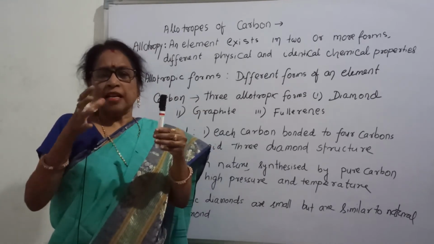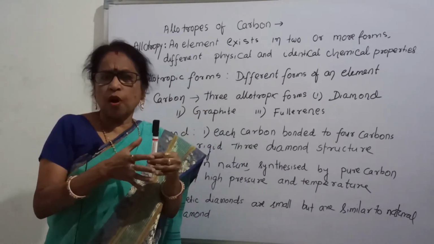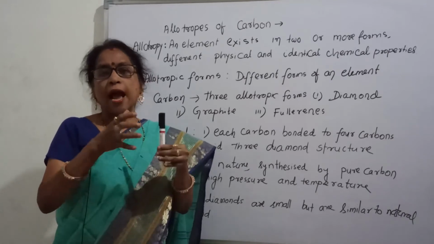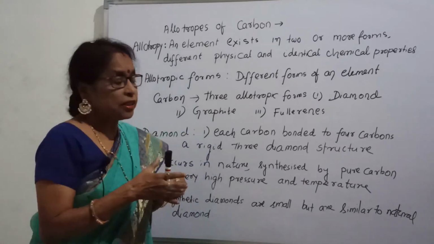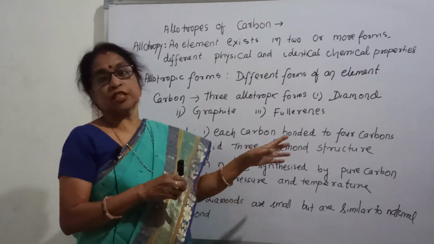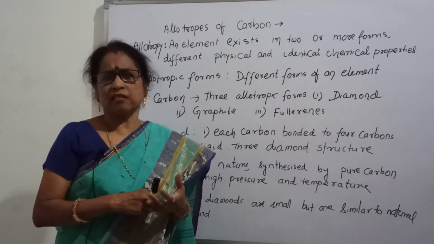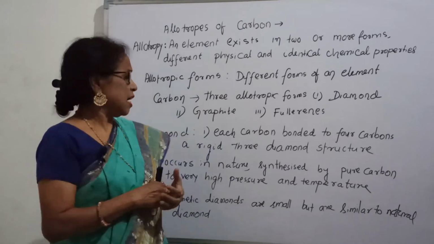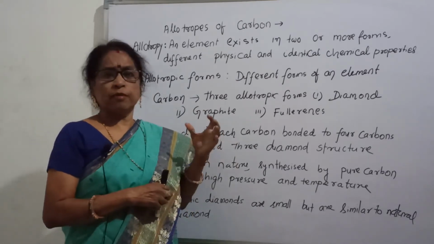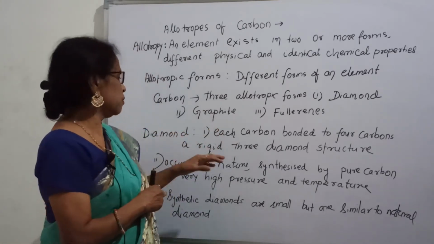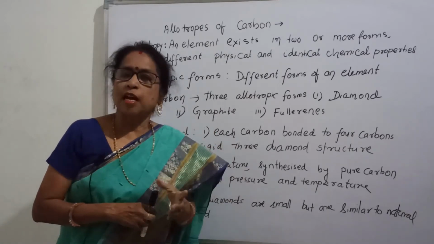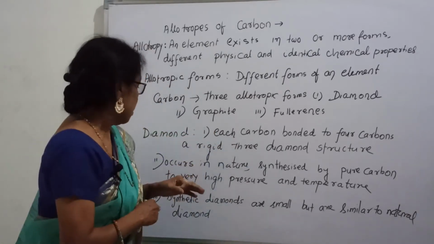Similarly, everywhere they are so compact and so close, and that gives diamond a three-dimensional rigid structure. A three-dimensional rigid structure means it is very hard. It is the hardest substance. Each carbon atom is attached to 4 carbon atoms with a rigid three-dimensional structure.